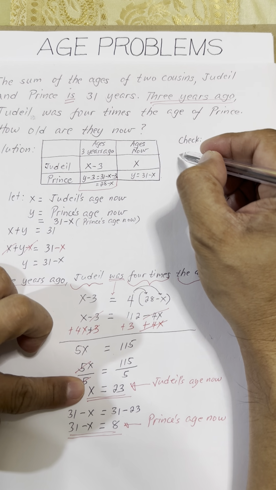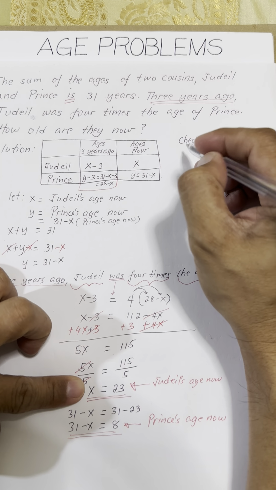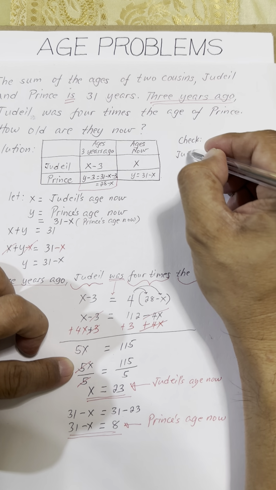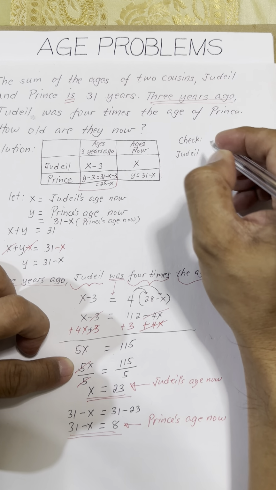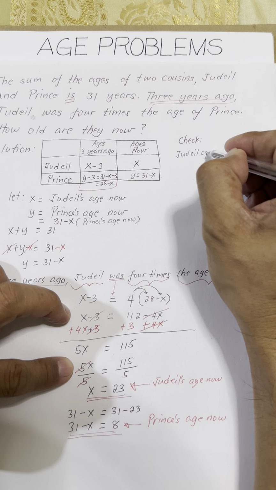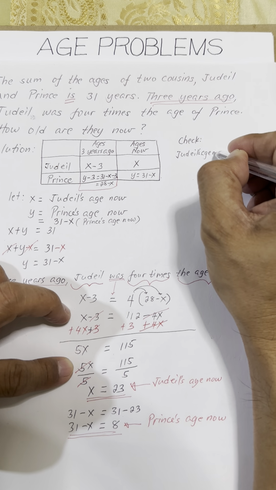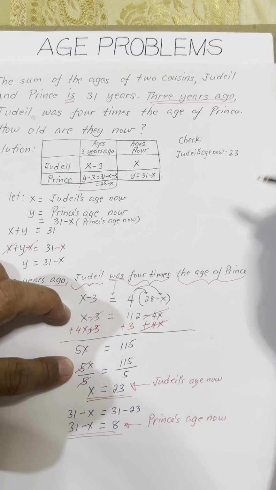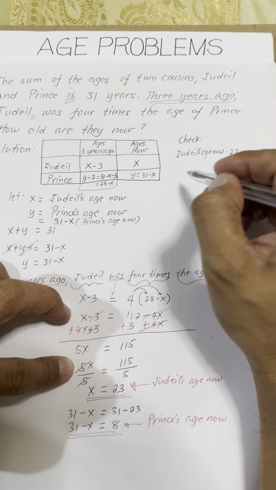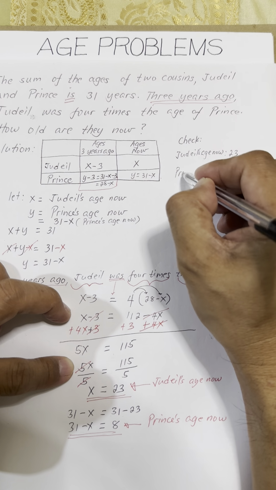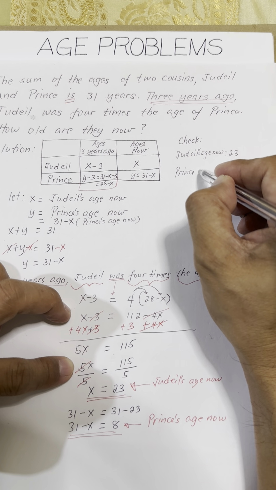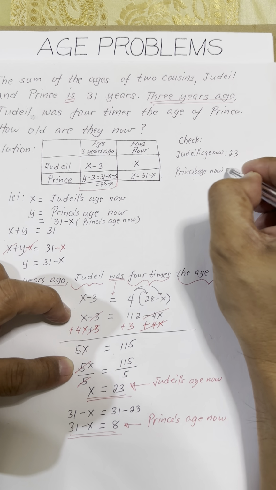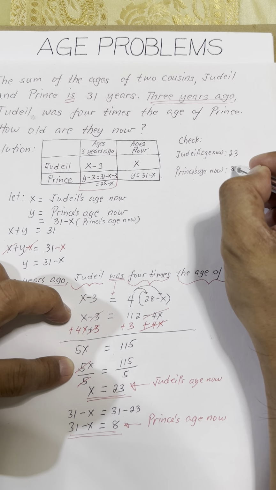We have Judel's age now, which is equal to 23. Then Prince's age now is equal to 8.